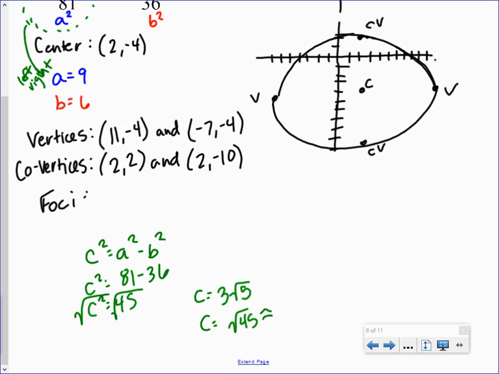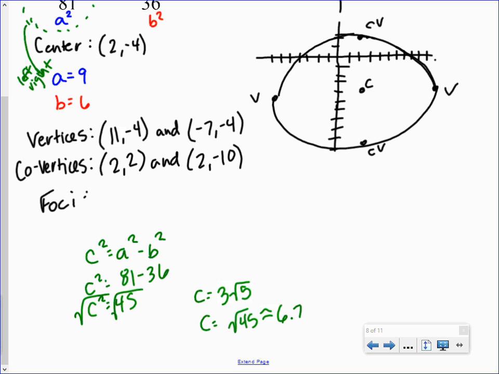Could you type it into a calculator and get a more accurate answer, like 6.71? Yeah, but am I going to be able to tell the difference between 6.5 and 6.71 when you graph it? No, I'm just going to look to make sure that you put a focus point somewhere in between 6 and 7 away from the center point. So I'm not going to be super crazy about that. We're going to say it's about 6.7.